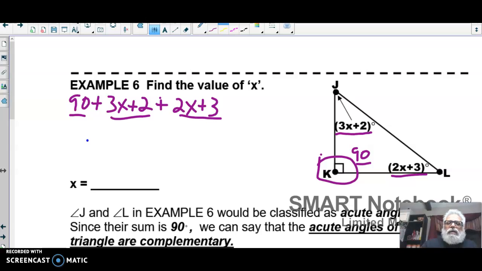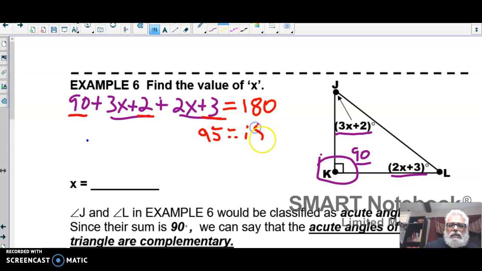And all that is going to equal 180. Combine my like terms. So I got my 90, the 2, and the 3. So that's 95. So I'm going to write down my 95, bring down my 180.